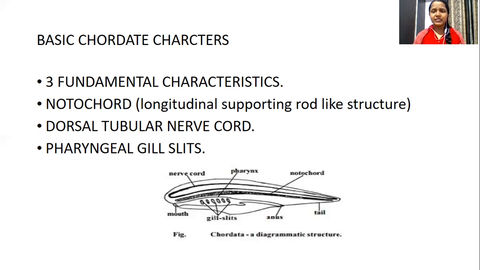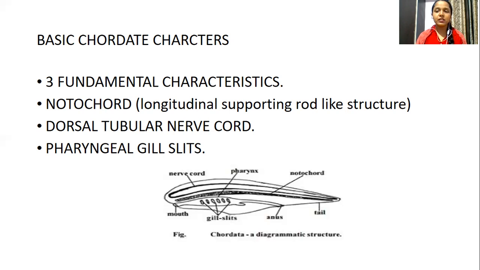All these characters do not persist in chordates throughout their lifetime. The notochord and the pharyngeal gill clefts are replaced completely during metamorphosis in many chordates, and even in the higher chordates they completely vanish, replaced by other components.